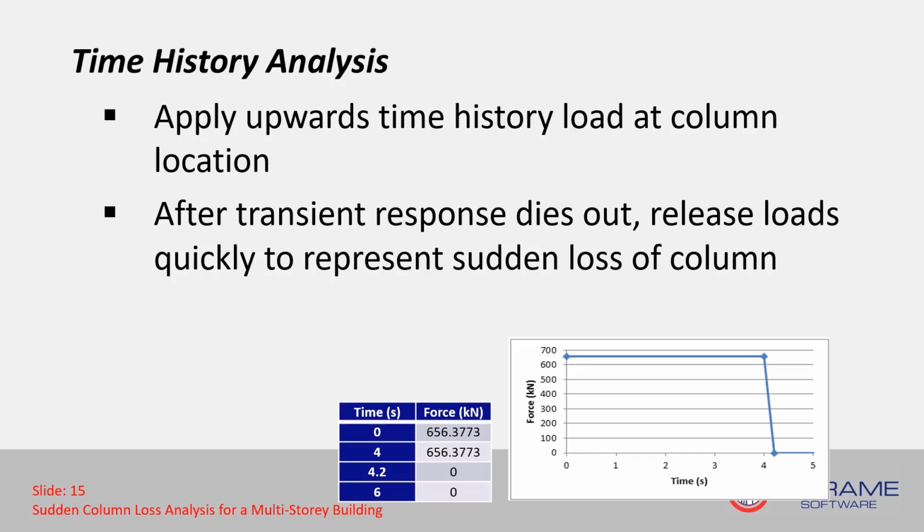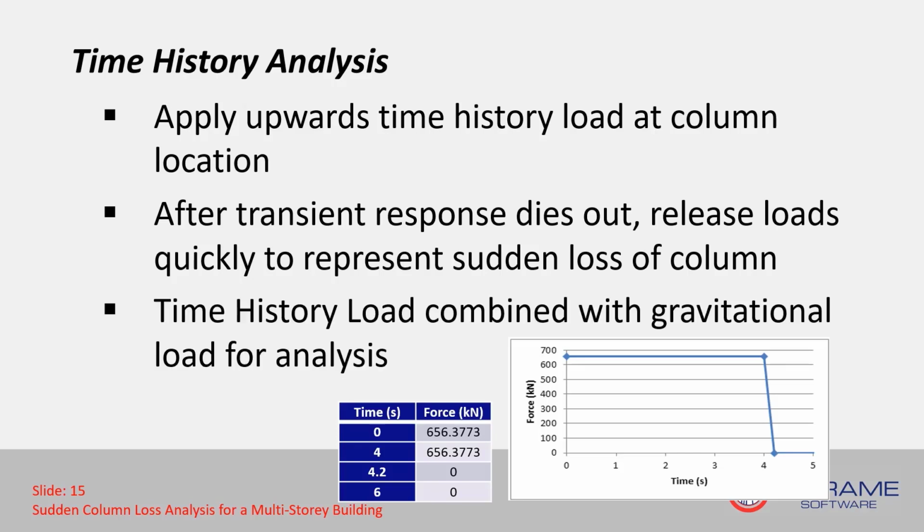We should give enough time to the transient response of the structure that just got loaded suddenly for that response to die out. And once that response has died out, we will release that load very quickly in a period of 0.2 seconds to represent the sudden loss of that column.